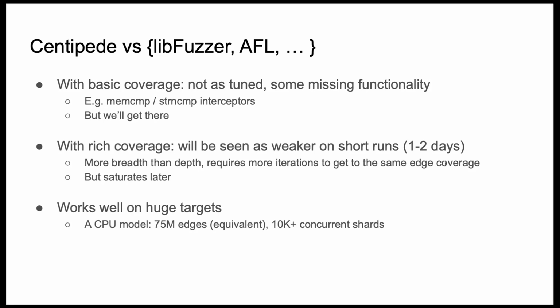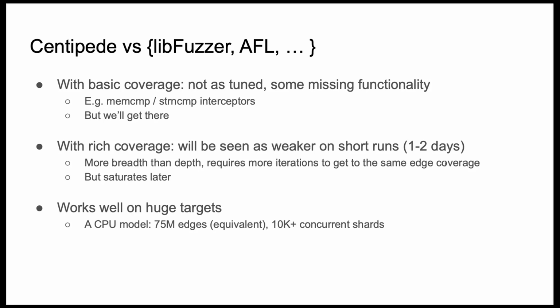But we'll get there. If you compare Centipede that uses rich coverage with libFuzzer and AFL using the benchmarking that was built for evaluating them, you'll also find that Centipede is lagging behind, because Centipede goes wide with rich coverage.